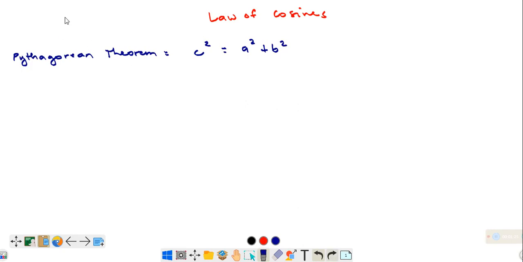So, kung meron ka daw right triangle ABC, ayan, A, B, C, ito yung right triangle, you can find the measurement of any of the sides given that the two other sides are given.